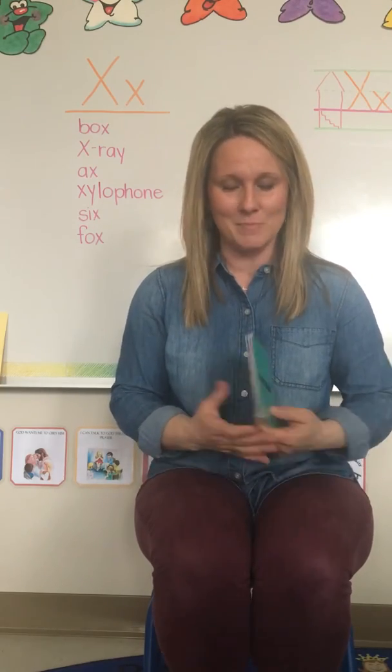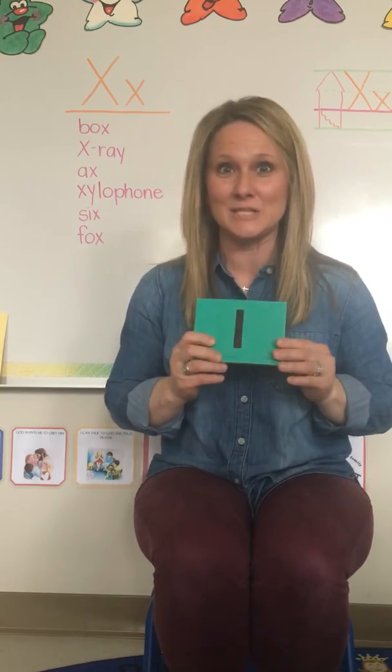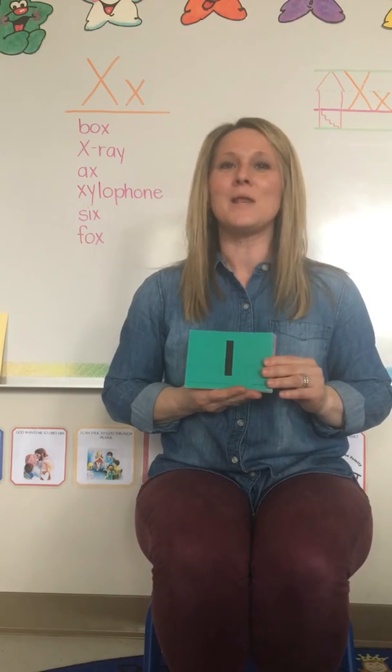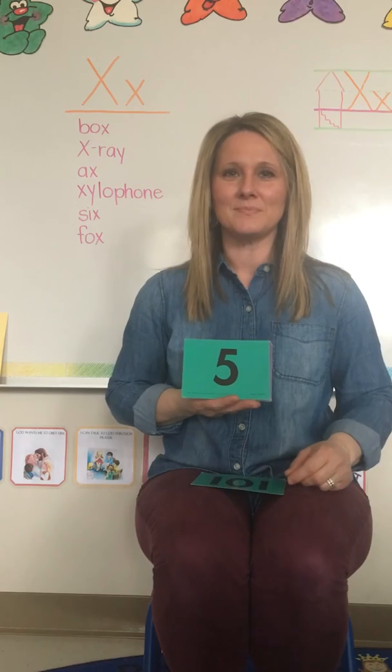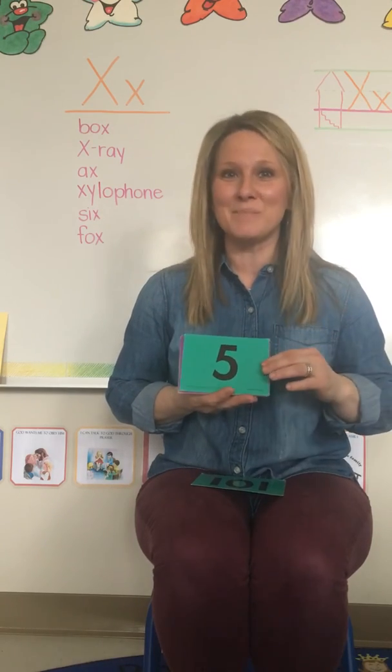All right, are you ready to begin? We're going to go ahead and begin with the easiest one. All right, what number do you see? Good, number 1. Good, number 5.